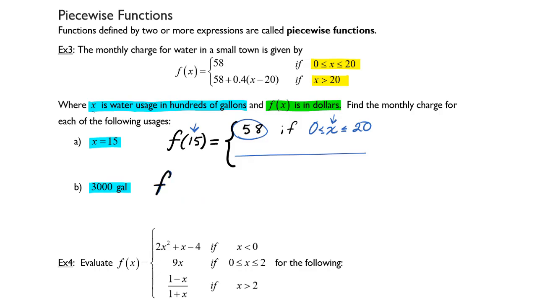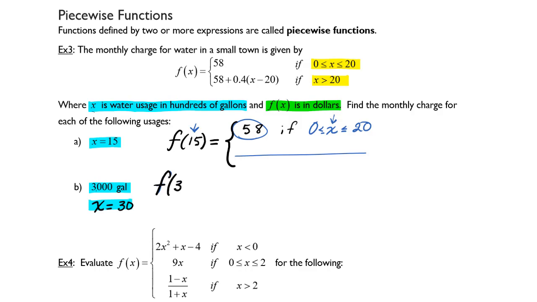My function, remember, the x is in hundreds of gallons, so if we count our zeros, since this is in gallons and not in hundreds of gallons, x is going to equal 30 because it's 30 times 100, which would give me the 3,000 gallons. So this is what I'm substituting into my function.